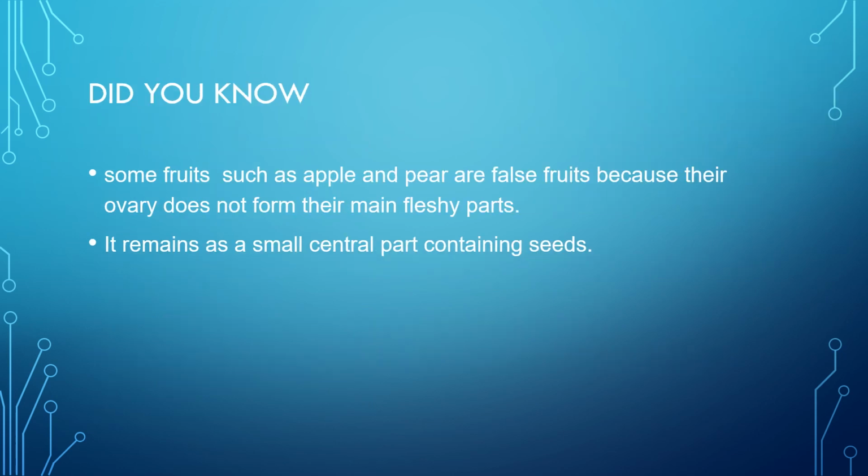Now here is a fact that is an exception. Some fruits like apple and pear are false fruits because their ovary does not form the main fleshy part. The fleshy part that we are eating is not the ovary.